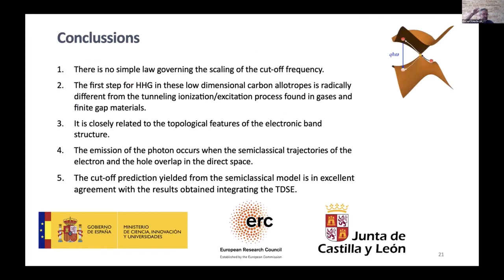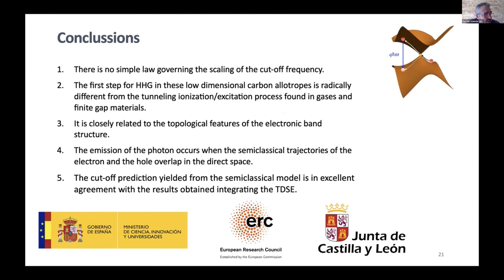To wrap up, we can enumerate the main conclusions of this presentation. Our results show the emergence of a non-perturbative spectral plateau at large intensities, but unlike other physical systems, we find that there is no simple law governing the scaling of the cutoff frequency.